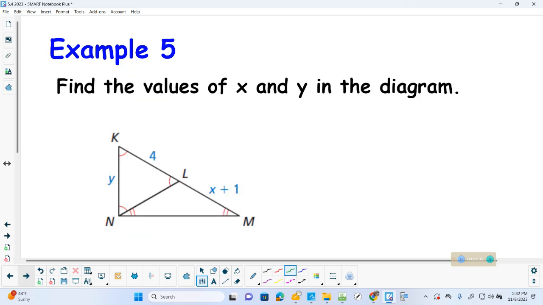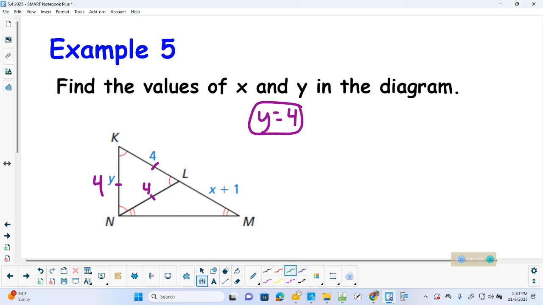Here we go. Look at us. So find the values of x and y in the diagram. Now, there's a lot of triangles in this picture here. Doesn't matter if you start with x or start with y. I'm looking at the left triangle first. I'm like, ooh, equiangular, so I know all these sides are the same. So I don't need to do any work. What's y? Y equals 4. Because all of these would be the same. Now, next up, I'm looking at where x is.